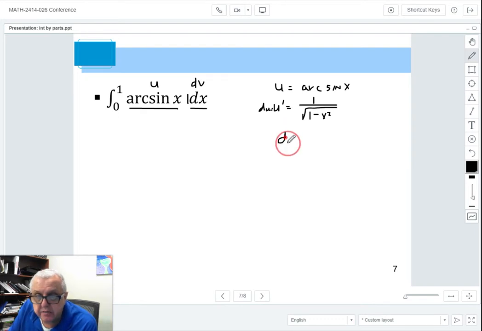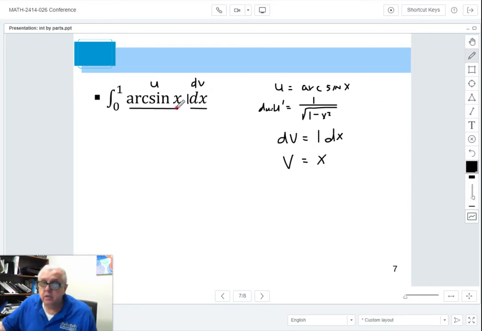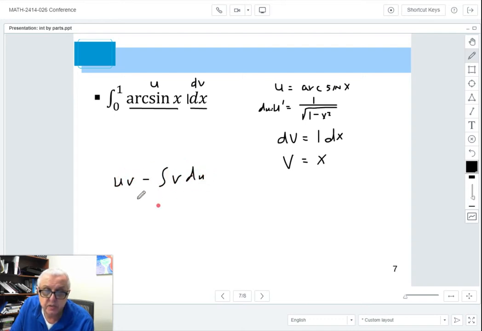If dv equals 1 dx, then v, integrating a constant of 1, just becomes x. So my formula is, once again, going to be uv minus integrating v du.